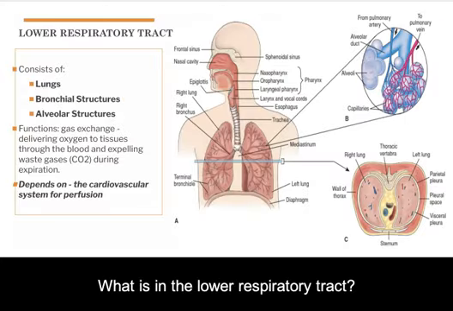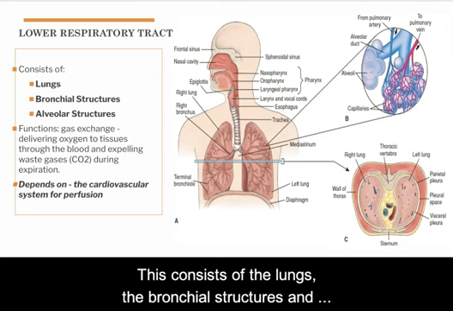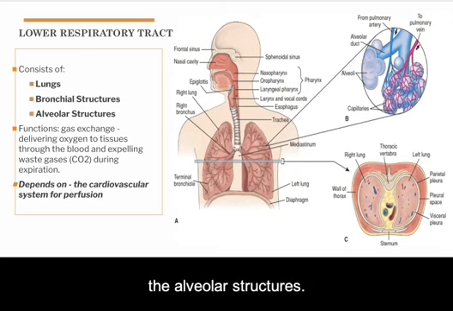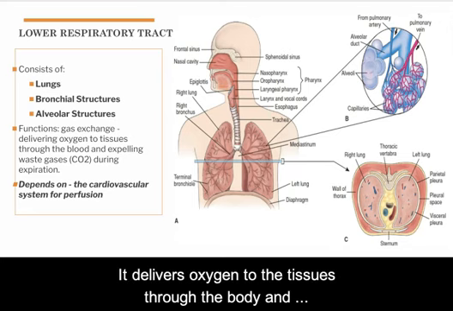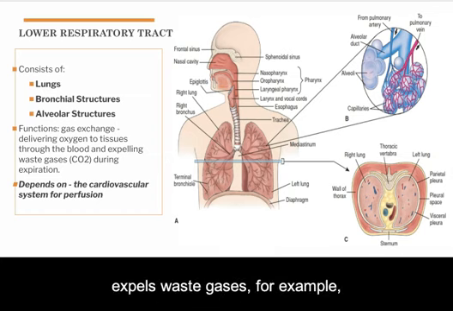What is in the lower respiratory tract? This consists of the lungs, the bronchial structures, and the alveolar structures. And what's the function of it? It is gas exchange. It delivers oxygen to the tissues throughout the body and expels waste gases, for example carbon dioxide, with expiration.